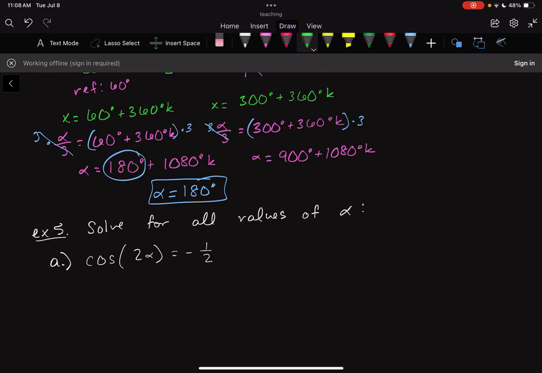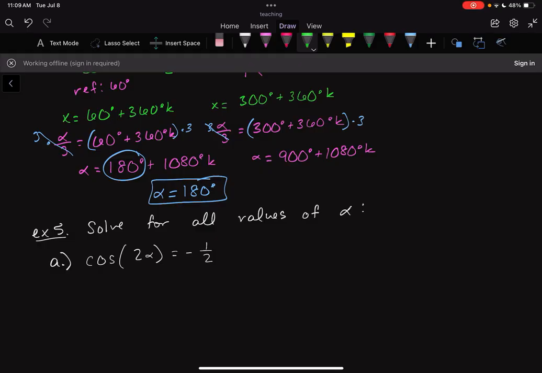So cosine 2 alpha, if you look at the identity sheet that I have posted on our Canvas, there are identities for cosine 2 alpha. So sometimes what I will see students do is try to use one of those identities instead of doing it the way that I've already shown.